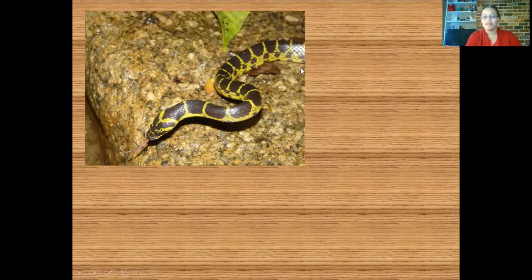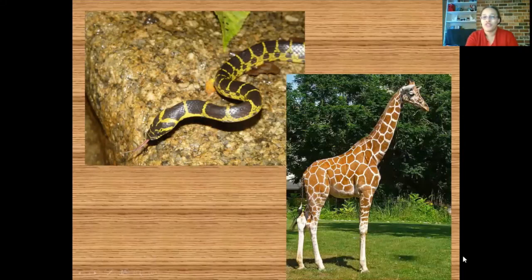So he has a pattern of yellow and black. Let's see. Ooh, a giraffe. The giraffe has different shapes all over his body or her body. And the colors are brown and white. And it repeats all up and down their body.